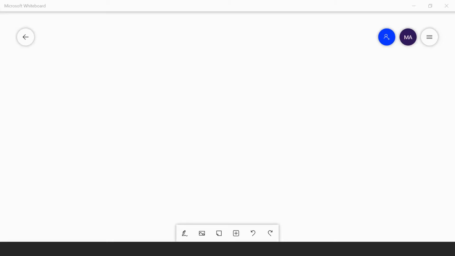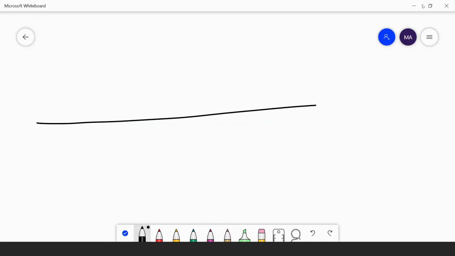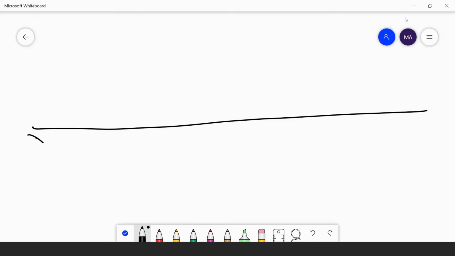Surface inclined to VP means draw the inclination in HP, and the basic diagram you will draw in VP. So I am drawing the reference line XY. Is the whiteboard visible?